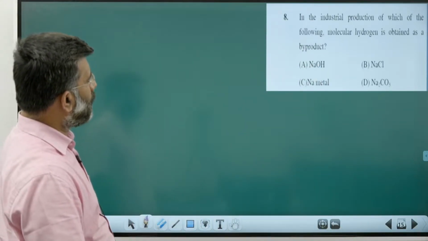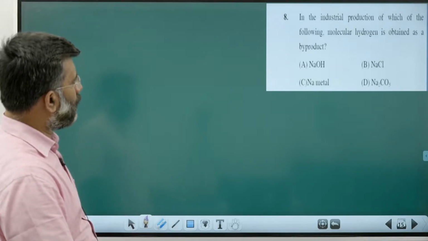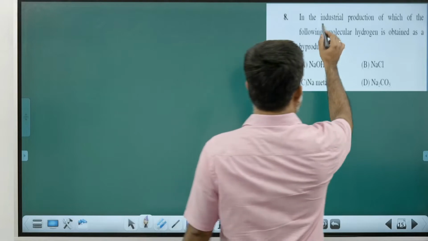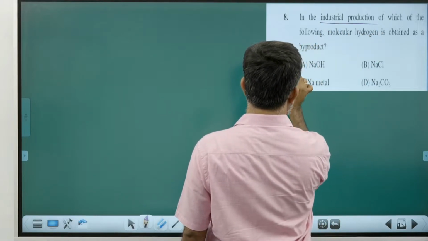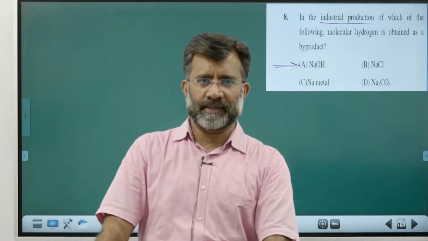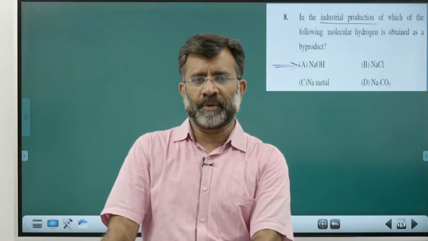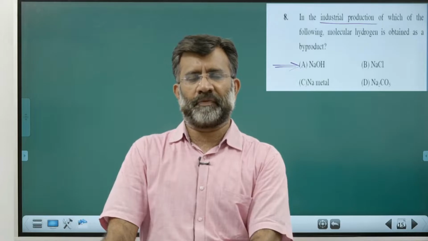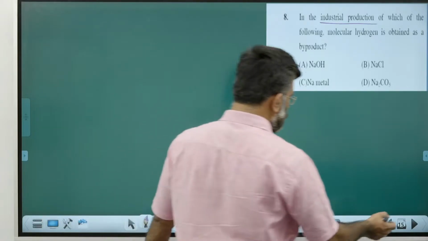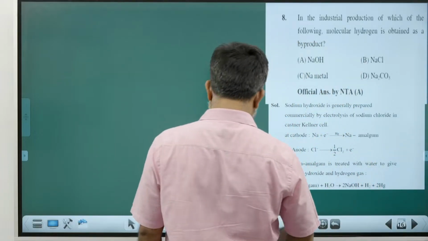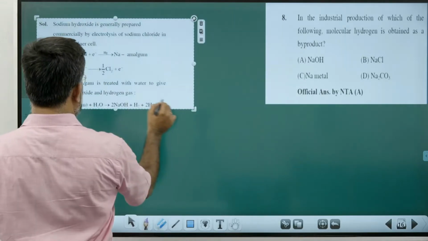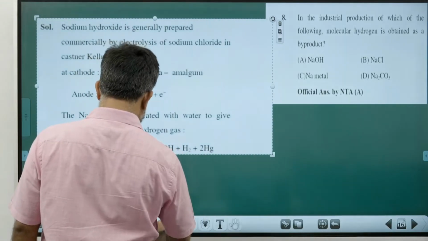Molecular hydrogen is obtained as a byproduct in the industrial production of NaOH in the Castner-Kellner cell. Refer to NCERT, industrial preparation of NaOH, where we get hydrogen liberated. I am sure you know the reactions, explained in detail in the textbook.